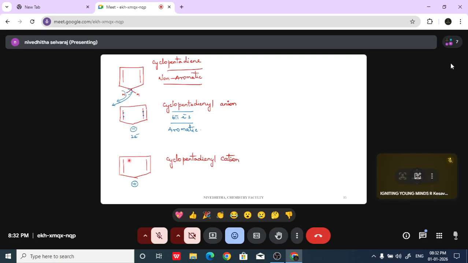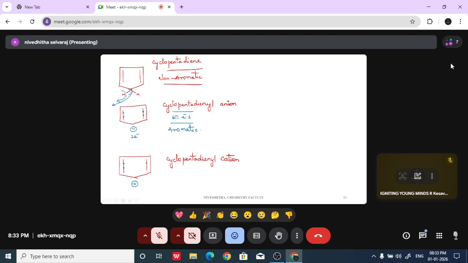Next, check for the conjugated double bonds. Double bond, single bond, double bond, single bond, single bond. We have no conjugation here. But what I've told you: in the place where the conjugation is missing, if we have any positive charge, negative charge, or lone pair of electrons, then consider that as conjugation. So that third point is also satisfied. Now we'll check the electrons. How many pi electrons do we have? 1, 2, 3, 4.